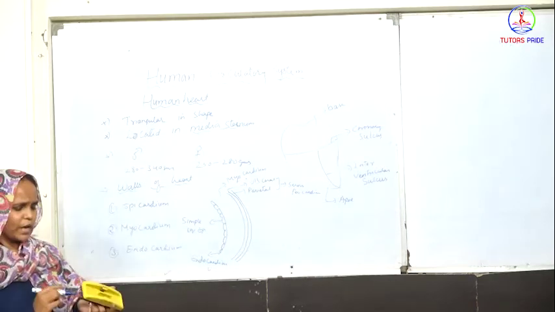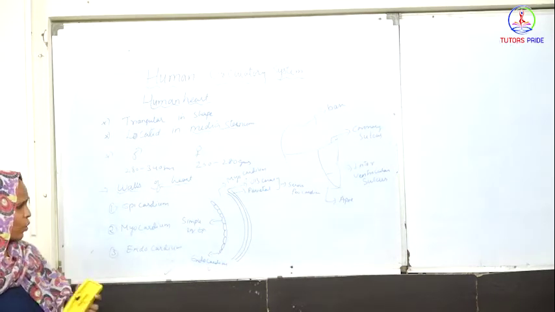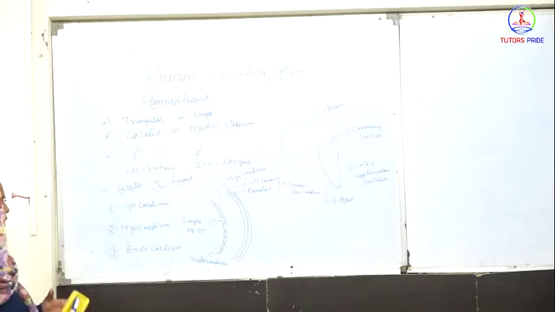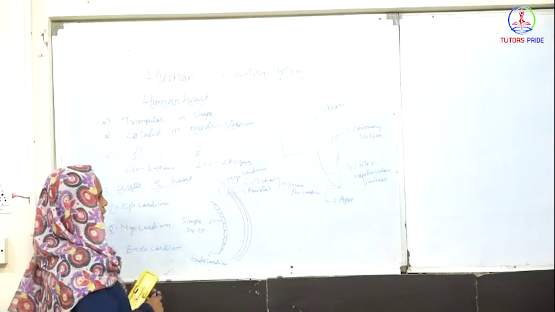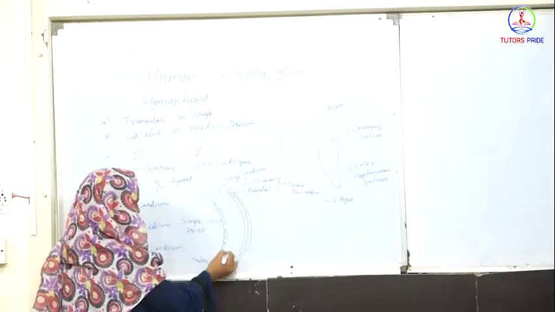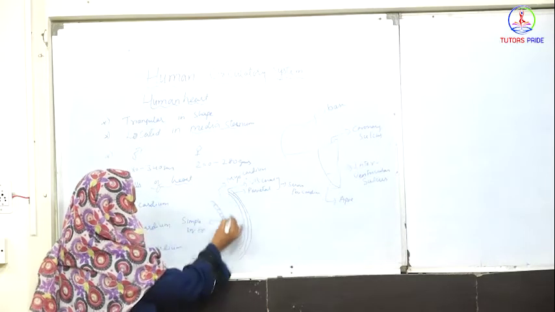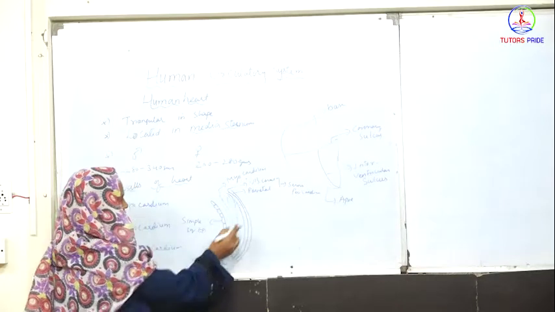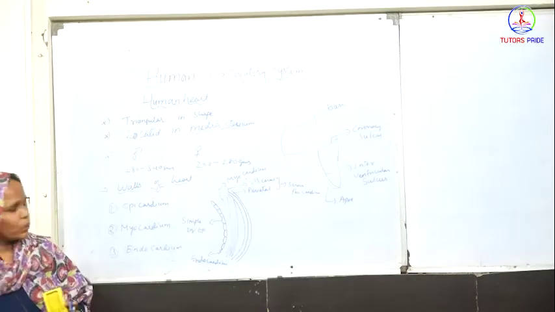A question may be asked, among the walls of the heart, which one is the thickest layer? Myocardium is the thickest layer, as it is made up of cardiac muscles.